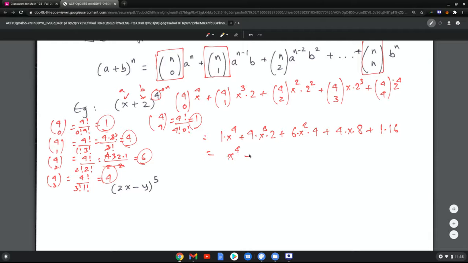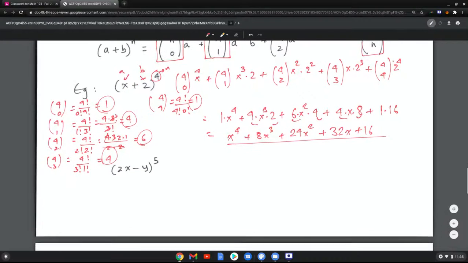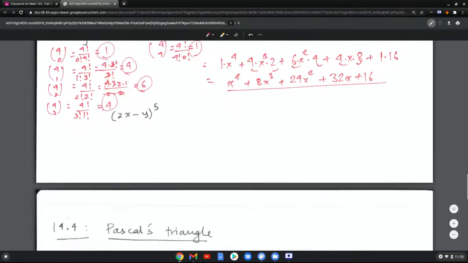That's x to the 4 plus, I can combine these numbers as 8x cubed, combine these as 24x squared, combine these as 32x plus 16. So you don't have to do all the complicated multiplication in order to get an expression for x plus 2 to the power 4.